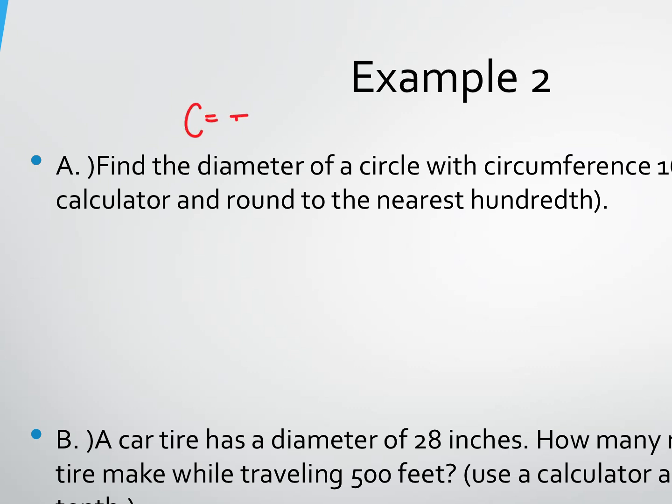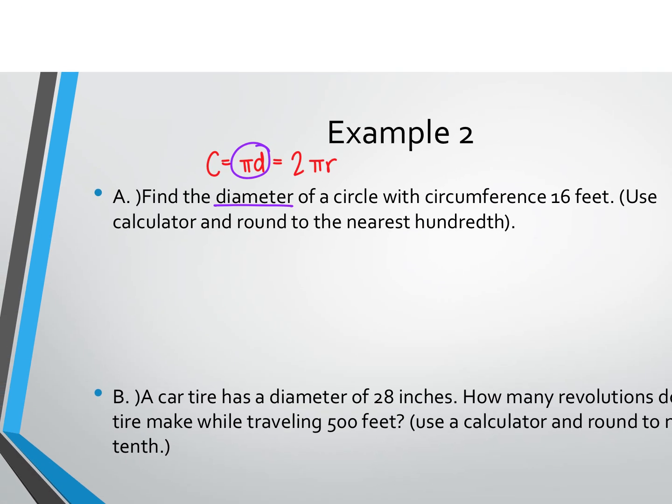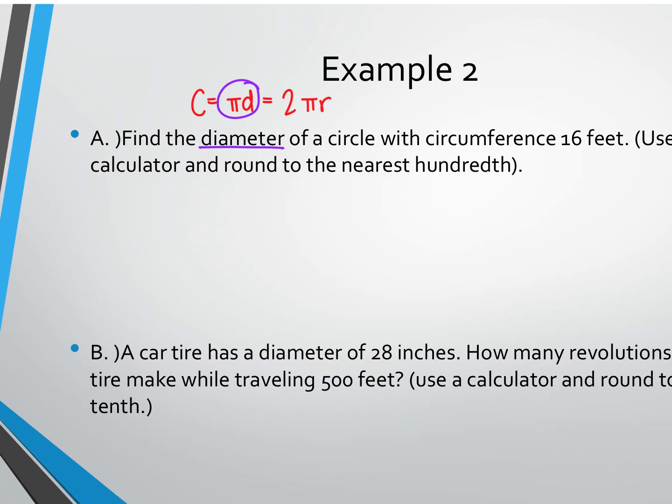Circumference equals pi times diameter, which also equals 2 pi r. I'm going to use the one with diameter because they're asking me to find the diameter. So plugging in what I have, I'm going to have 16, which is my circumference, equals pi times diameter. And how am I solving for my diameter? What do I have to do?